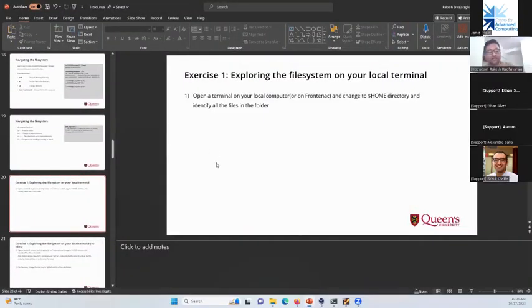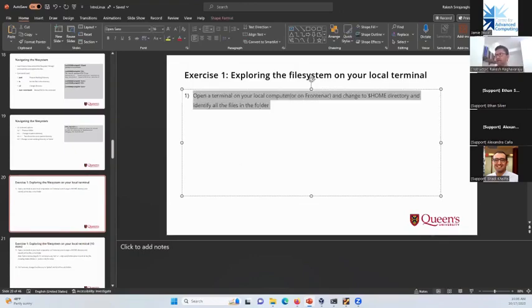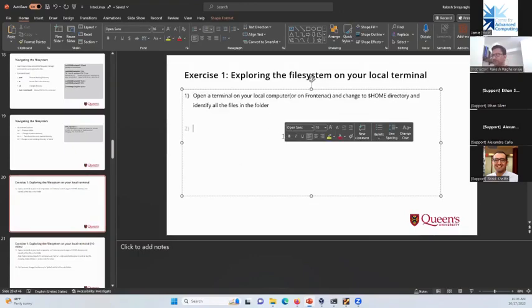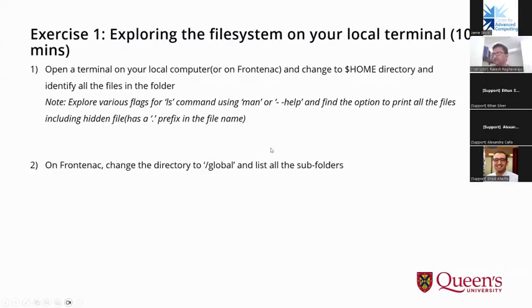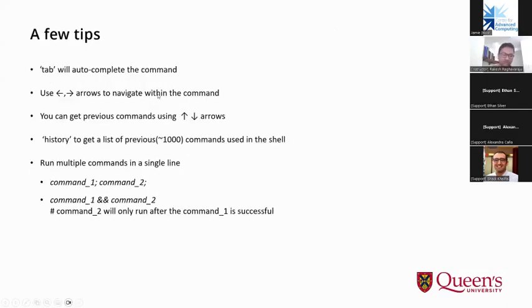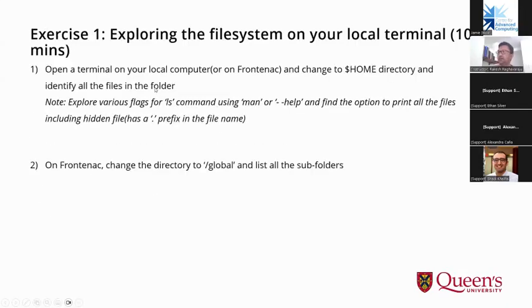The first exercise after this is to go back to your home directory and list all the files, including the hidden files, in your file system. I think I mentioned the -a flag, and open the manual page and look for what flag lists all the files in the current working directory.